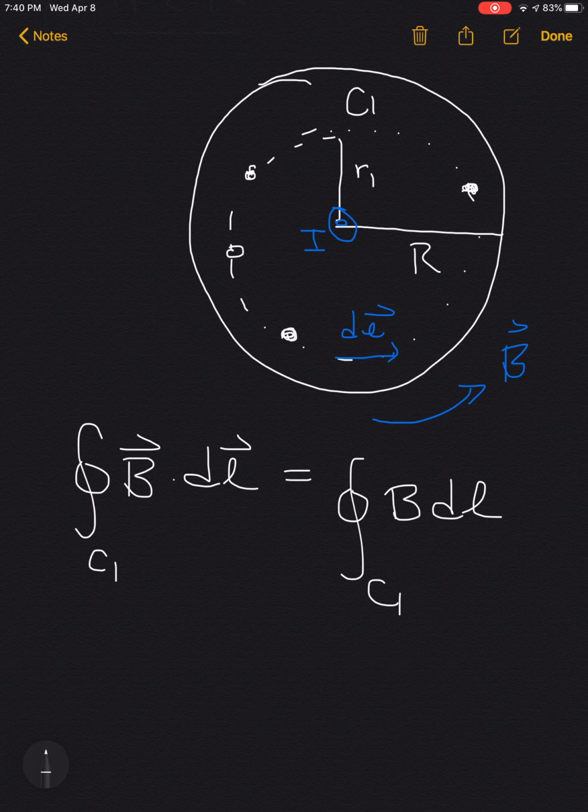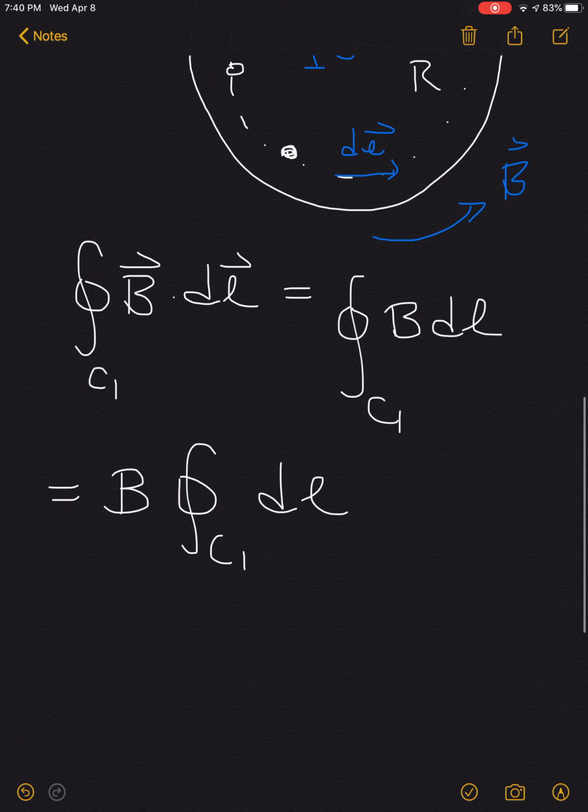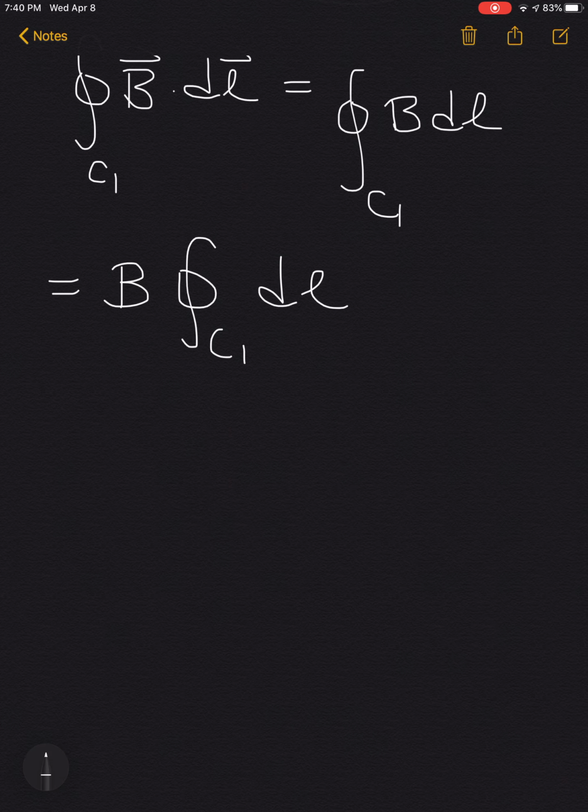So we say that the B field is constant along that loop, so you can bring it out of the integral, dl. And now we're just dealing with an integral along a circle.